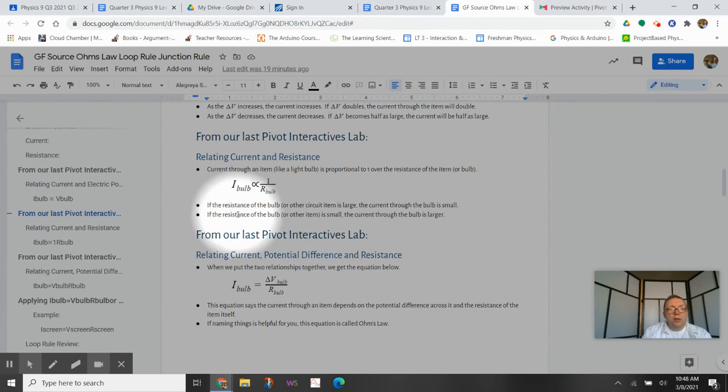And then the other part of that relationship is that the current in the bulb is also proportional to 1 over the resistance of that bulb or the resistor or the speaker or whatever electrical device we're looking at. So if the resistance is 1, well, 1 over 1, we'd get a current of 1. If I double the resistance, and instead of the resistance being 1, we now say the resistance is 2, well, 1 over 2 is 0.5.